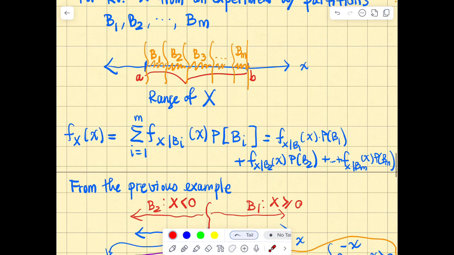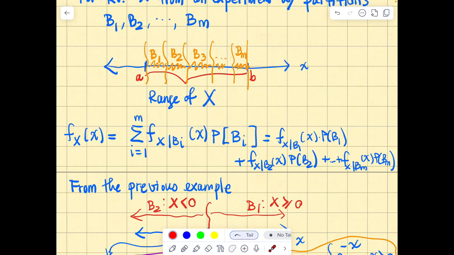So the way this works is, if we want to find the full PDF without any conditions, one way to find this unconditional PDF is to use the conditional PDF in different events, and then you weight it with the probability of that event, and then you sum this up, right? Basically, you weight the conditional PDF with the probability of the event of the conditions, and sum everything up.